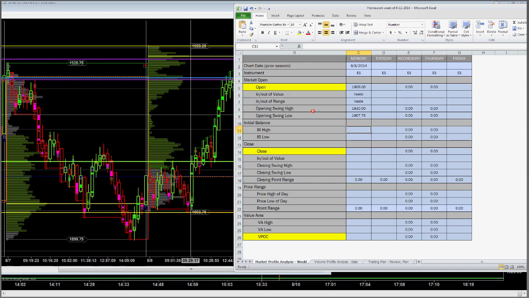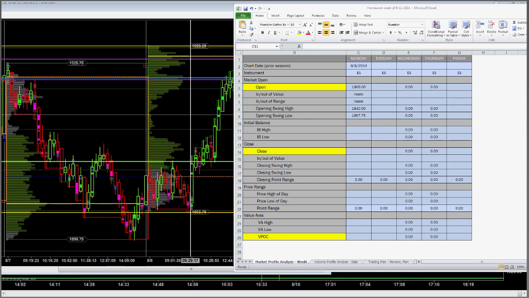I also like to mark the IB high and IB low, and there are a couple of ways of doing that. Really all you're looking for in the IB is the first 60 minutes of trade. You could have tagged it the day before.